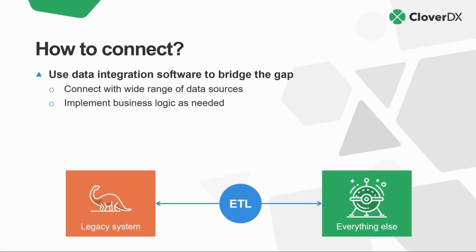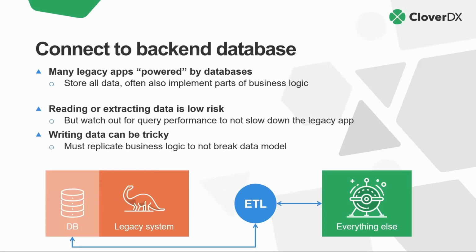So what's the most common method behind extracting the data out? Well, that would probably be connecting to backend databases. It's probably going to be the most likely way that you'll connect to that legacy system, because many legacy applications are powered by databases. Everything that you see is usually stored in a database on the back end, but also not just the data itself, there's also parts of business logic that are incorporated often into that data model.